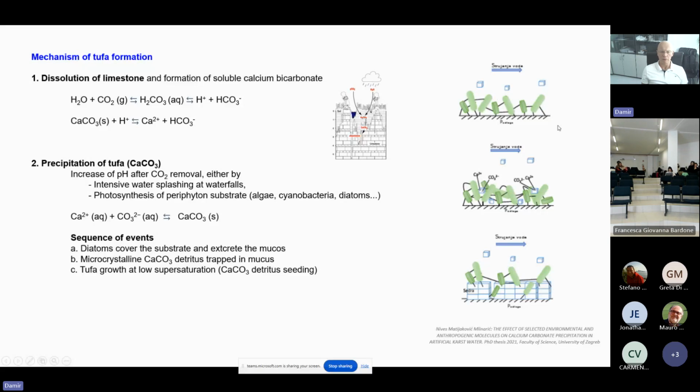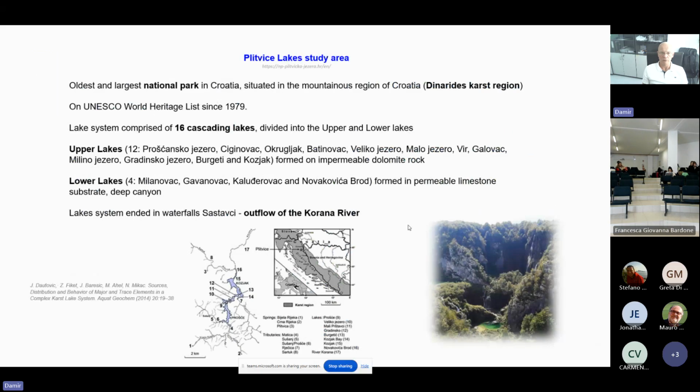In the second step, in this mucus is caught microcrystalline calcium carbonate, which originates from detritus from the lake water. And finally, at the last step, the tufa starts to grow on these calcium crystals. This is actually the only possibility because the supersaturation in tufa water is too low to have nucleation of calcium carbonate, so it has to grow on previously formed crystals.